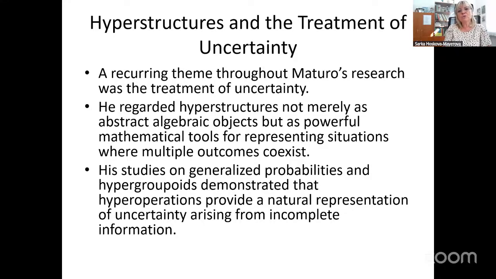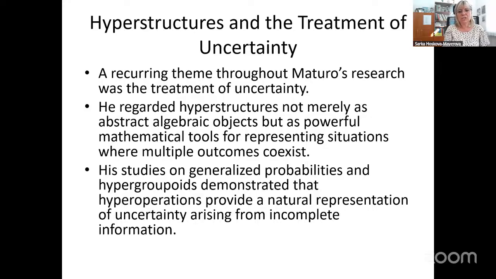A recurring theme throughout Maturo's research was the treatment of uncertainty, as I mentioned before. He regarded hyperstructures not merely as abstract algebraic objects, but as a powerful mathematical tool for representing situations.